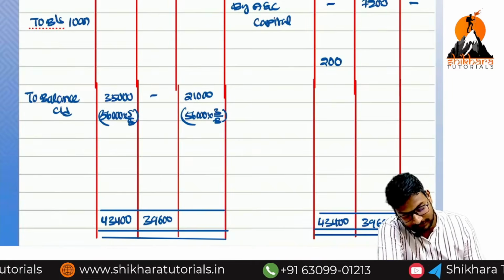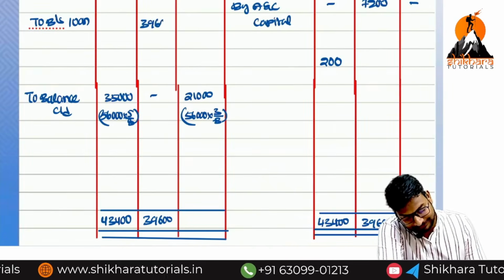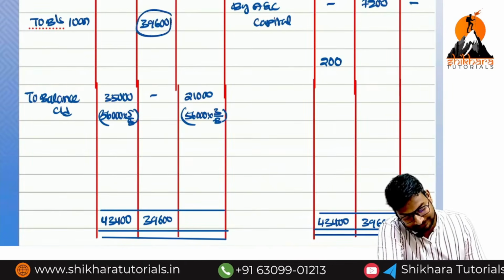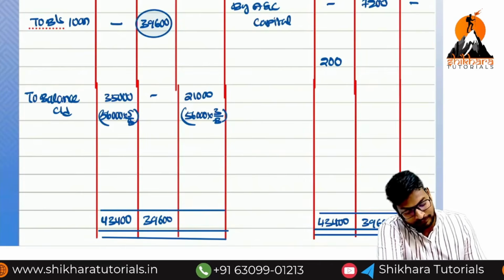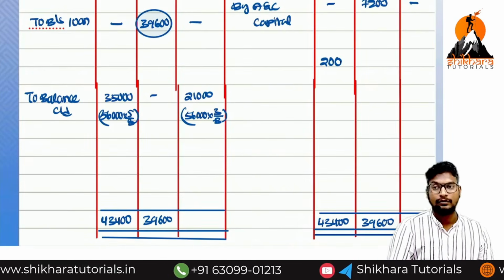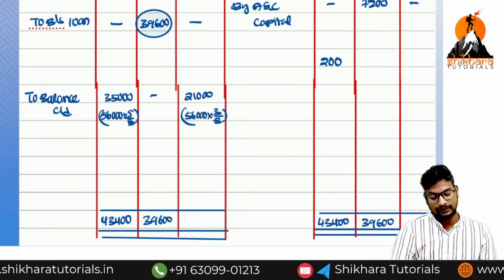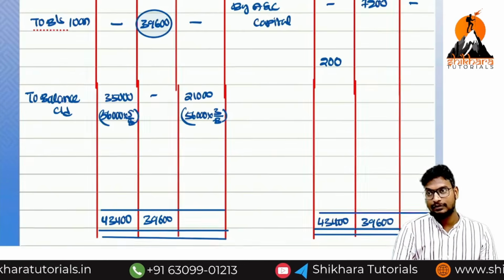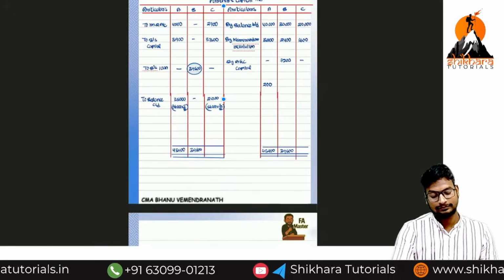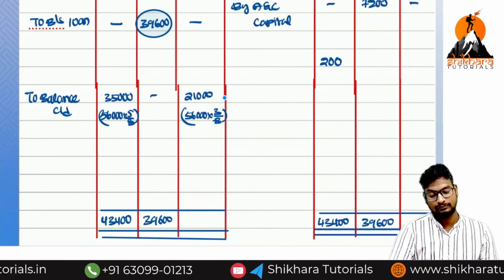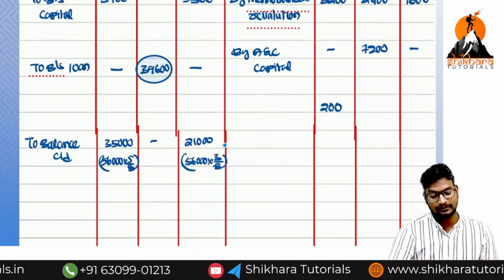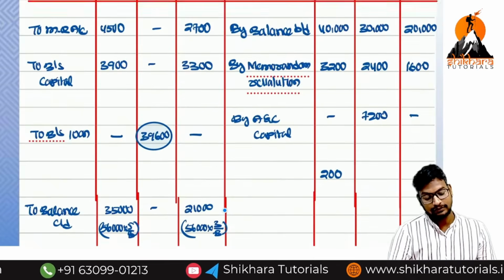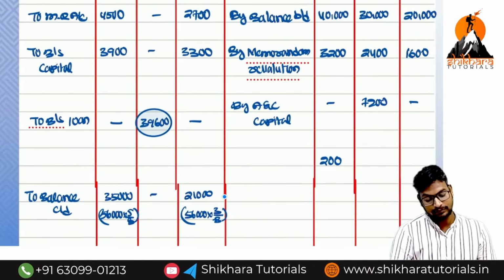Please don't doubt. You know, sir, up to here, right? 200, right? Next, 51,600. This side, how much?